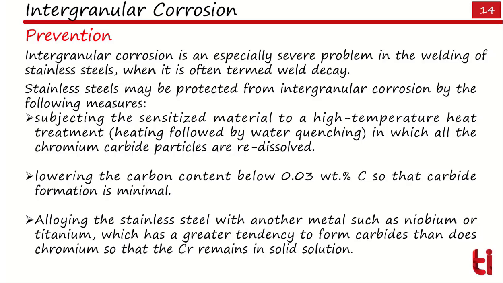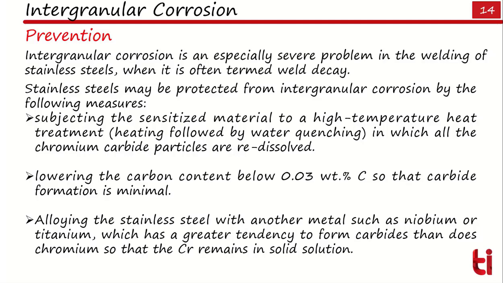By doing so, you minimize the possibility of formation of your corrosive byproduct, which is chromium carbide in this case. So you are basically reducing the carbon content to below a threshold level, so carbides are not able to form.